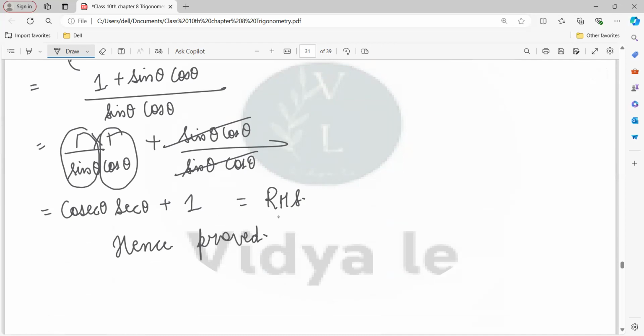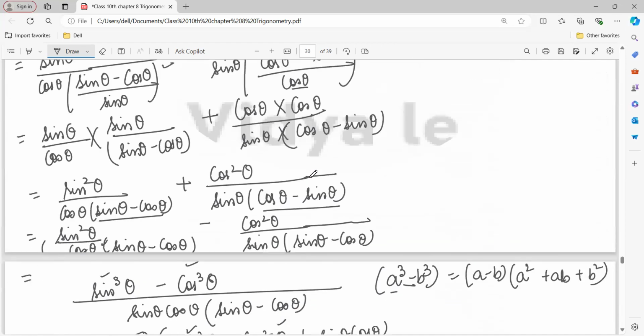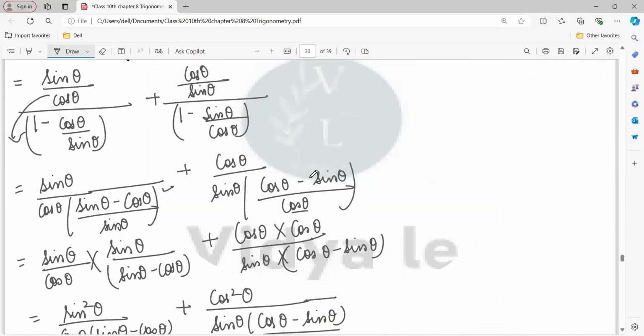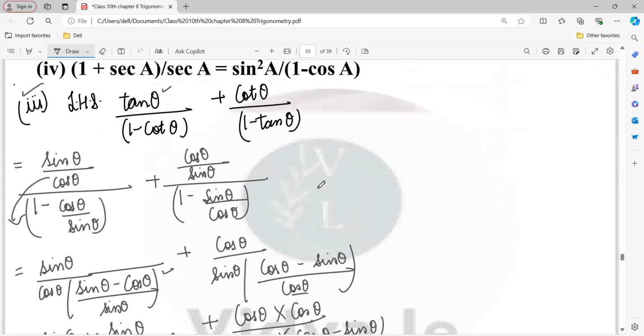I hope it is clear to everyone. Although it looks very lengthy, the process is lengthy, but the question is not tough. So let's revise it again. First of all, we have tan theta. Tan theta is equal to sin theta upon cos theta, and cot theta is cos theta upon sin theta. So we have substituted the values.